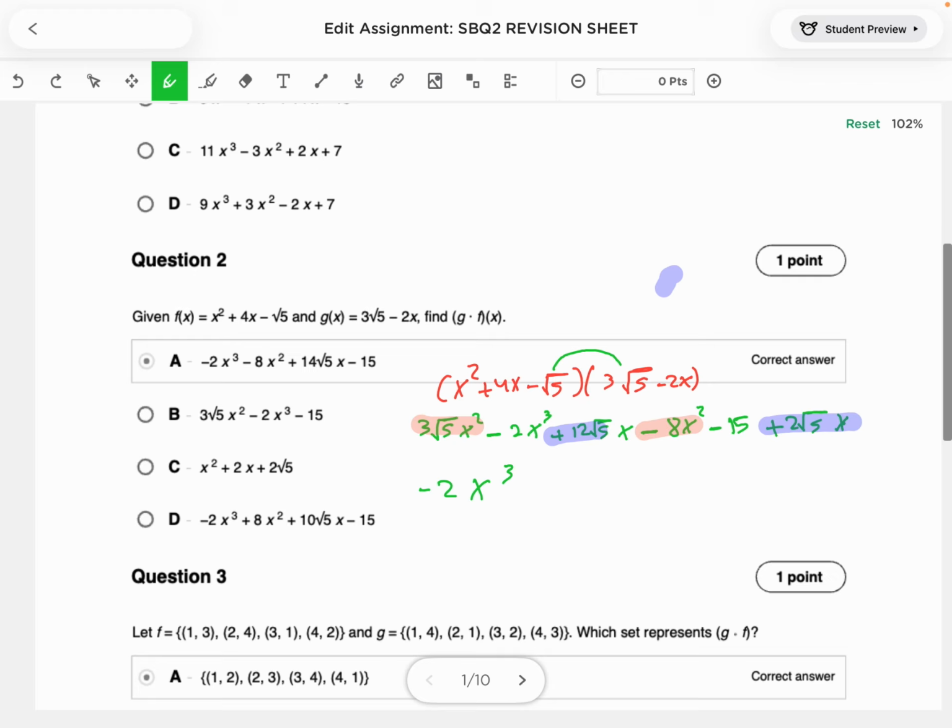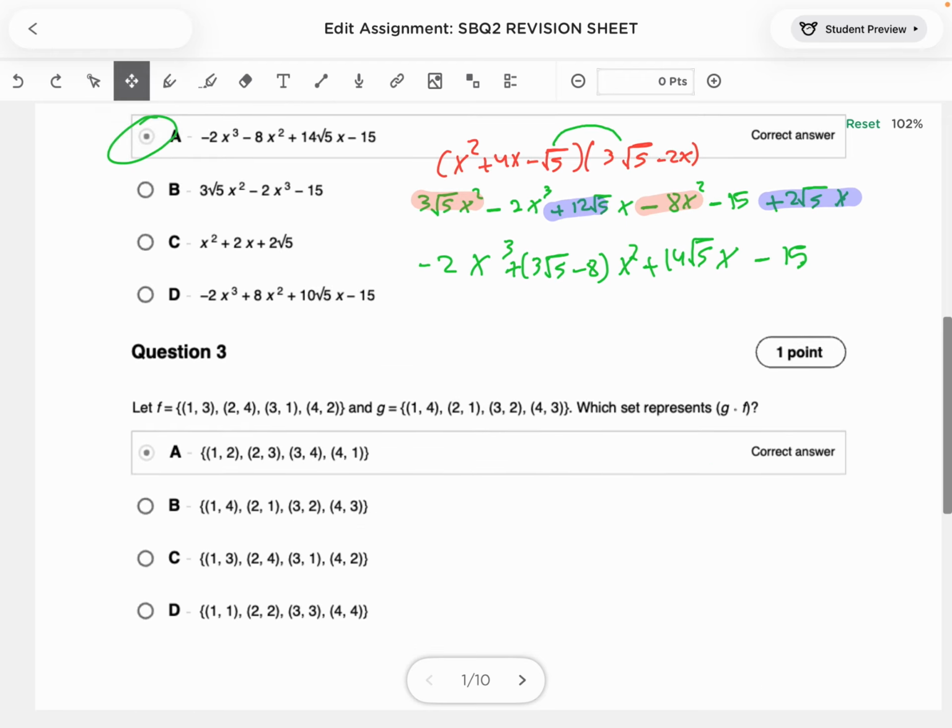Then we have negative 15 at the end, and we have 12 radical 5 plus 2 radical 5, which is 14 radical 5 x, and these two together give 3 radical 5 minus 8x squared. So the closest answer is A.